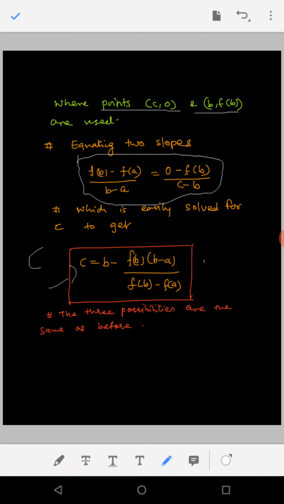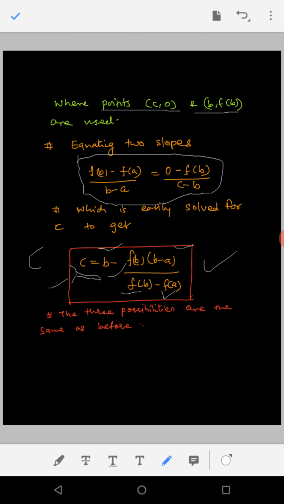So we have obtained the c value. In that process, you have to evaluate these quantities fb, fa, b minus a, b. You substitute these values, and after that you have to evaluate fc using this c value.